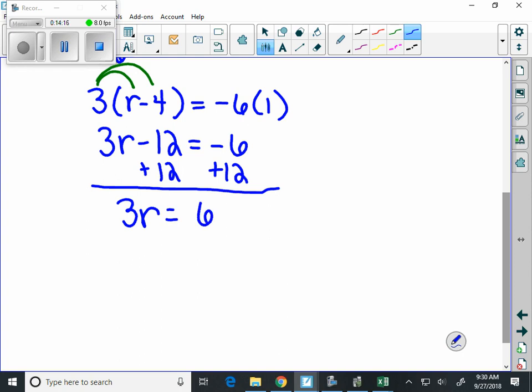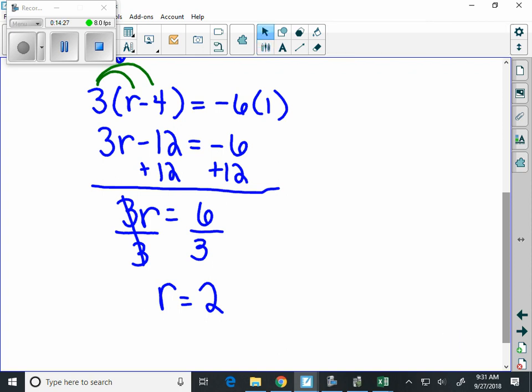And finally, divide both sides by 3. R equals 2. A little bit more algebra 2, or at least to the geometry level, from the front page, which is definitely algebra 1.